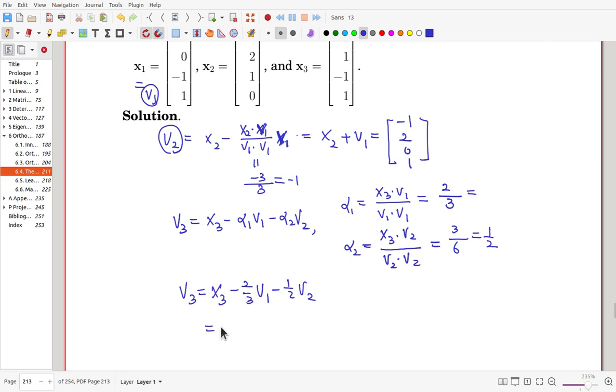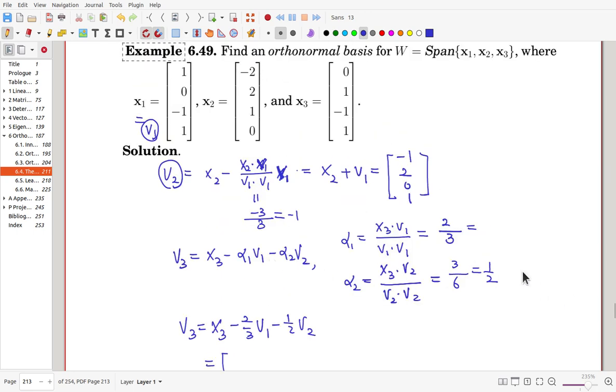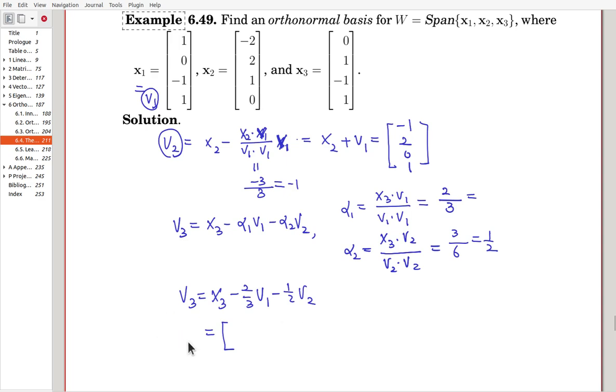Okay. So x3 is, let's see over there, that is 0. Start with 0. Okay. Expand it. That is 0, 1, minus 1 and 1, minus 2 over 3 times v1, which is 1, 0, minus 1, 1, and minus half times v2, which is minus 1, 2, 0, 1. Okay.